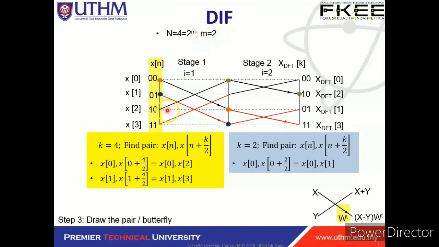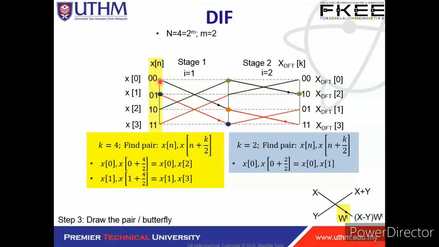Here, 2 to the power of 2, which is 4. And then for stage 2, we will reduce the value of stages to 1. So 2 to the power of 1, we will have 2.